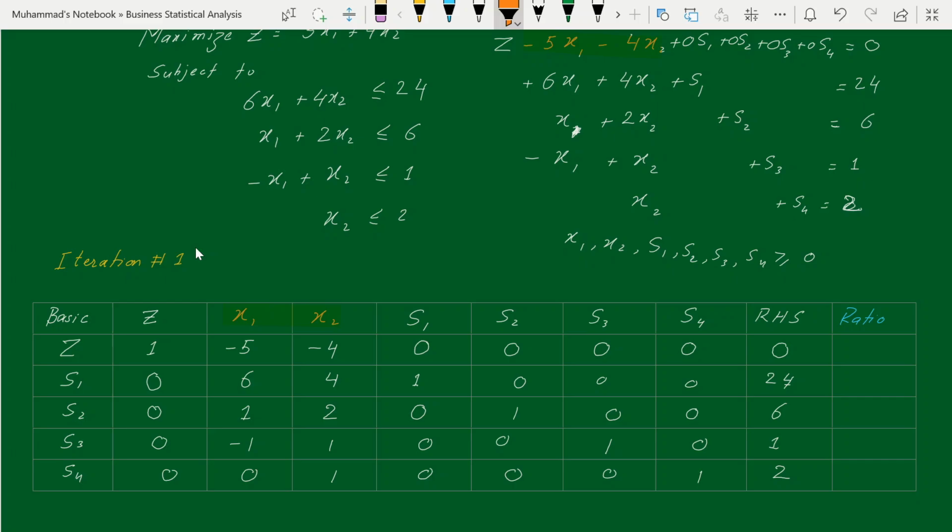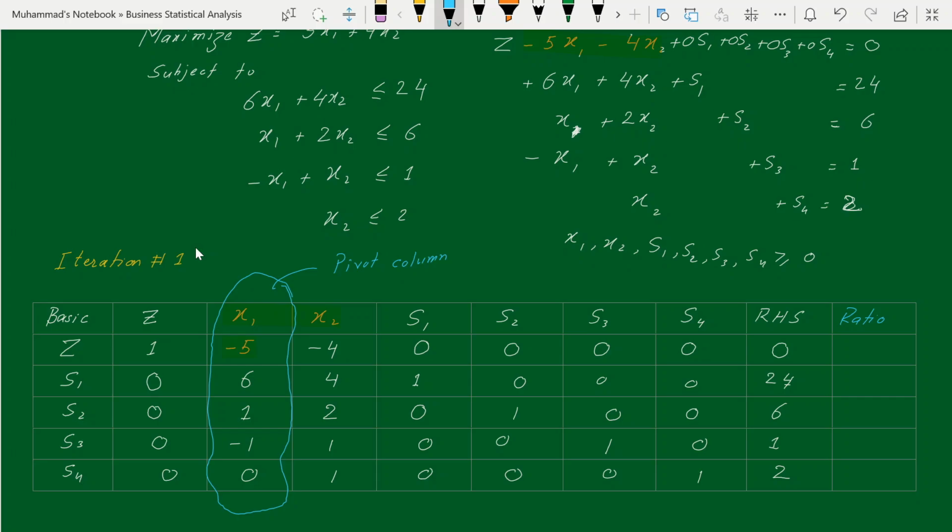So now since we are maximizing, I choose this 5. I choose this column, and this column is called the pivot column.